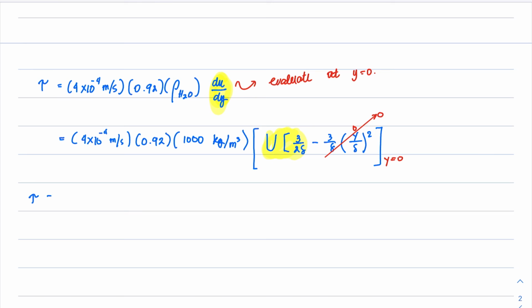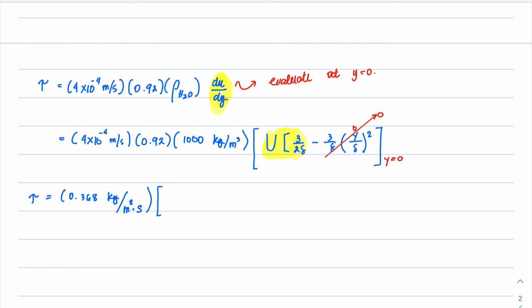So when you get your calculator, that whole number there will reduce to 0.368, and the units will be kilogram over meter squared multiplied by seconds, because that is what is required in the problem. That's the kind of units that the problem is looking for.